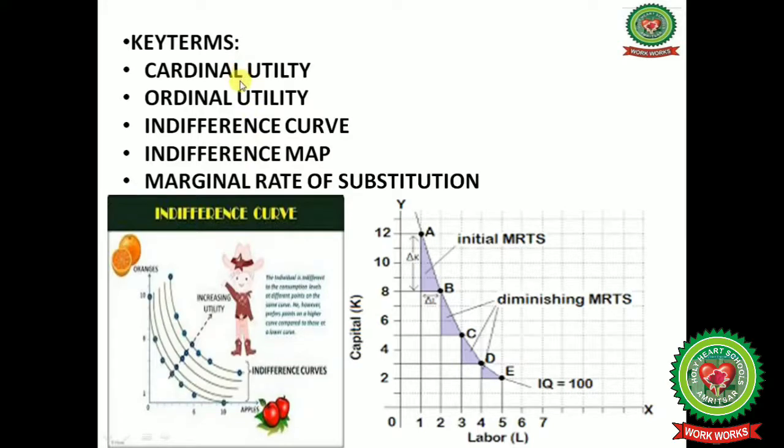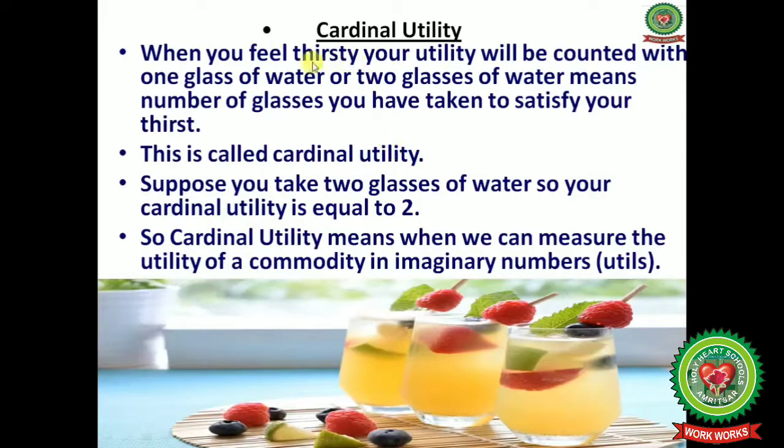Key terms. Let us discuss the related key terms of this topic: cardinal utility, ordinal utility, indifference curve, indifference map and marginal rate of substitution. Cardinal utility. As we have already read, when you feel thirsty, your utility will be counted with 1 glass of water or 2 glasses of water, meaning the number of glasses you have taken to satisfy your thirst.